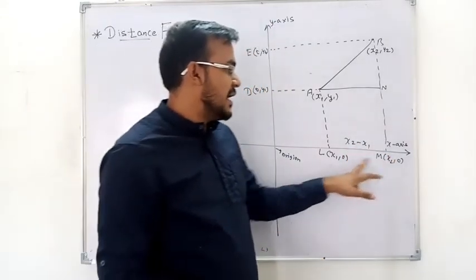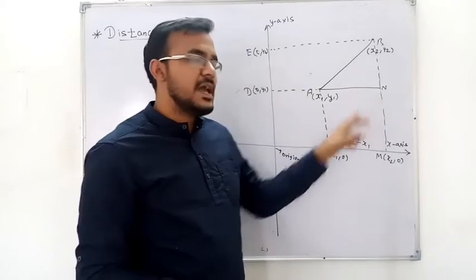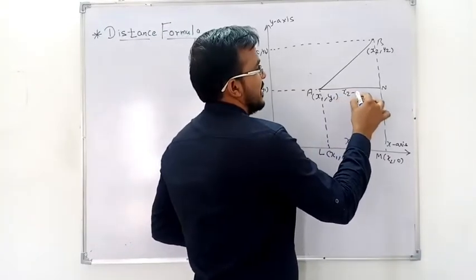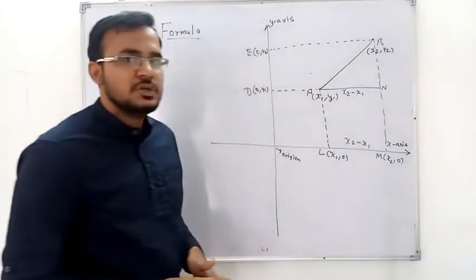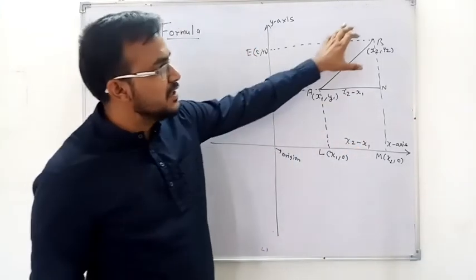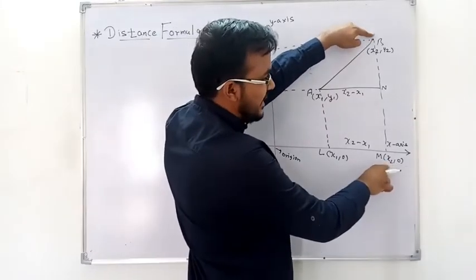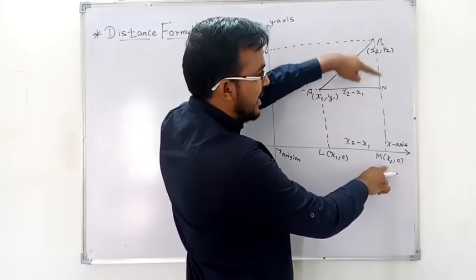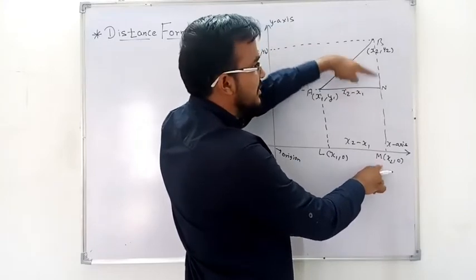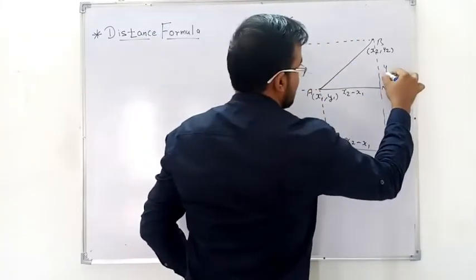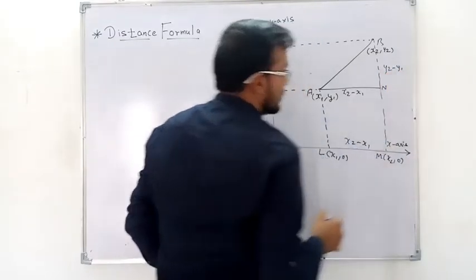As LM is parallel to AN, therefore the distance of AN is x2 minus x1. Similarly, we find the distance of BN. The total distance of B and M is y2 and of A and L is y1. Therefore, the distance of BN is y2 minus y1.